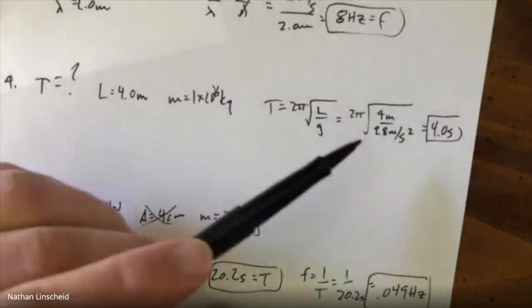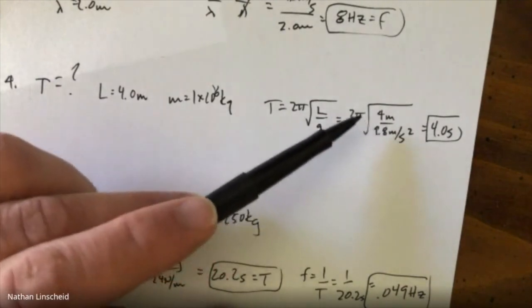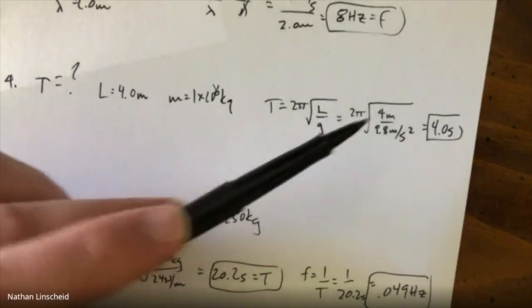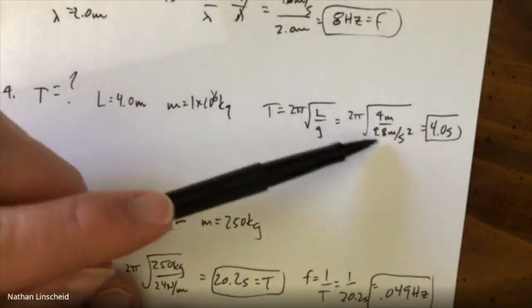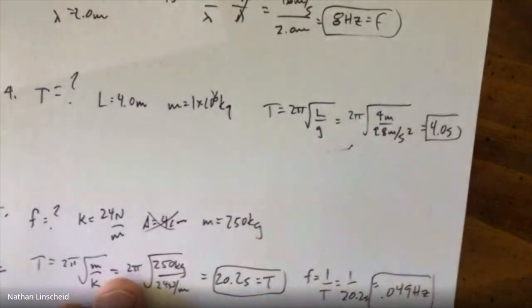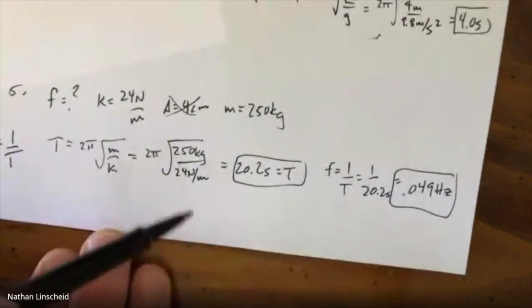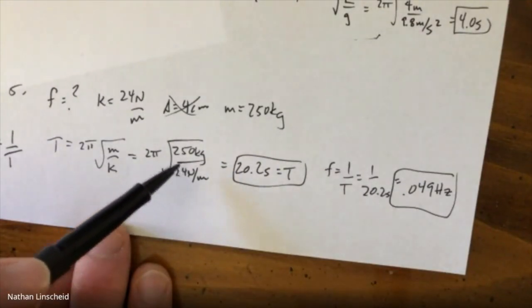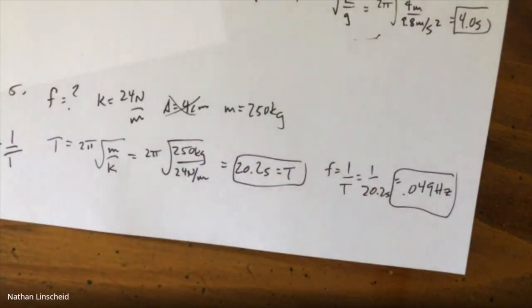So for example, here on the calculator, I hit 2, then I hit pi, then I hit the square root button, but then I put parentheses 4 divided by 9.8 parentheses so that it knew to take the square root of the whole thing here and not just the 4 meters, because if I don't put those parentheses in, it's going to think, oh, you're just taking the square root of 4. Same thing down here. I had to put parentheses around the 250 divided by 24. So again, the calculator knows I'm taking the square root of the whole thing.